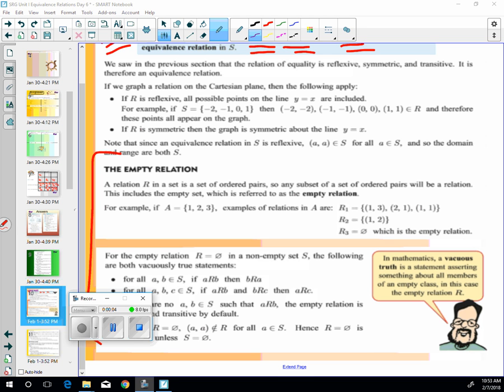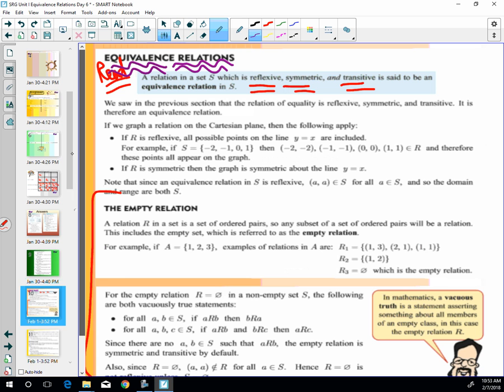So we have equivalence relations, and the equivalence relation is quite simple. It has three parts that have to be true. X R X, which is reflexive. If X R Y, then Y R X, which is symmetric.